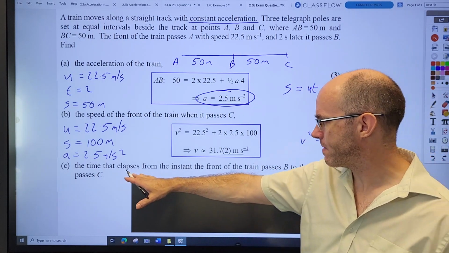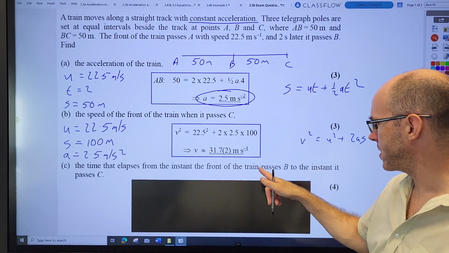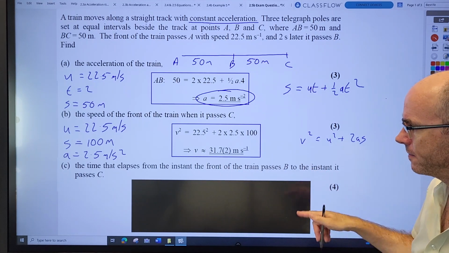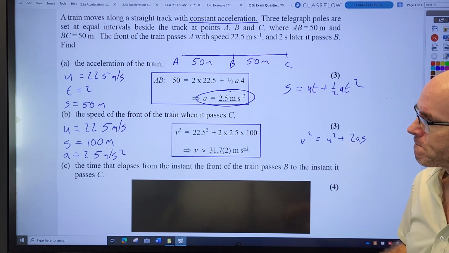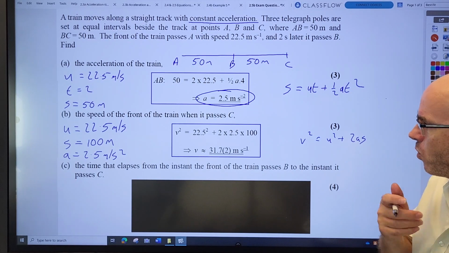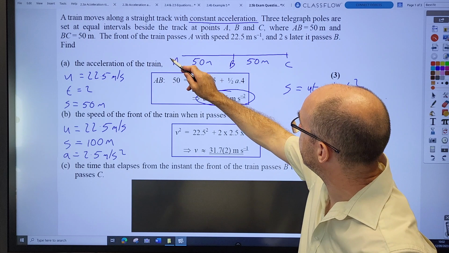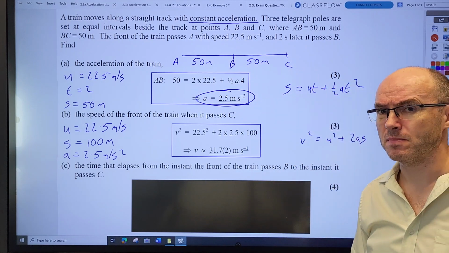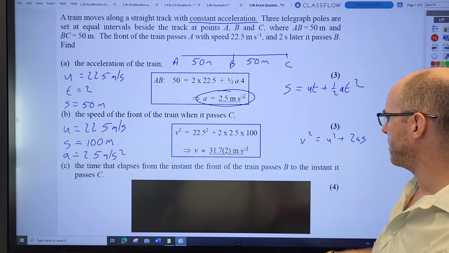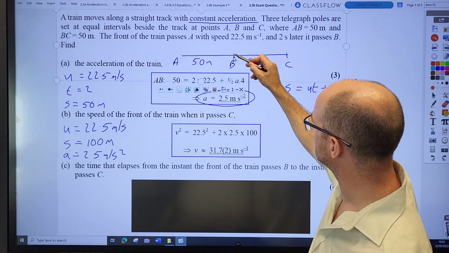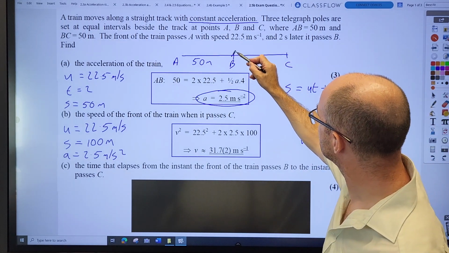This bit, the time that elapses from the instant the front of the train passes B to the instant it passes C. Now, what I'm going to suggest is you do the motion from A to C again and find the time taken. Why? You might be thinking, well, hang on, we just need to know what's going from here to here, don't we?